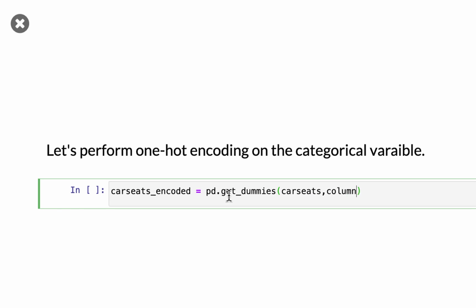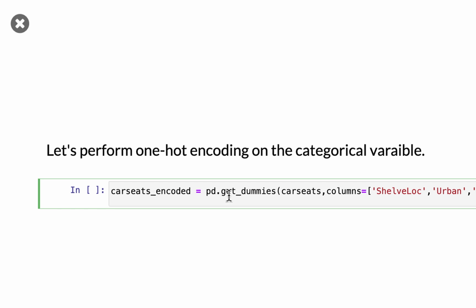Specify the columns to perform one-hot encoding for: shelf location, shelf lock, and then urban, which is a yes or no value, and finally US. Is it in the US?